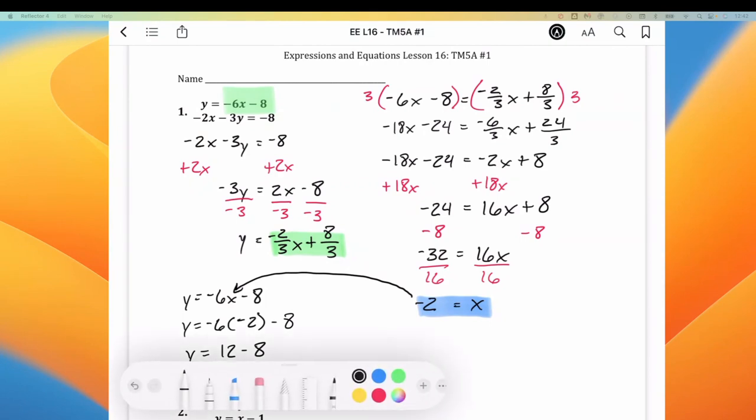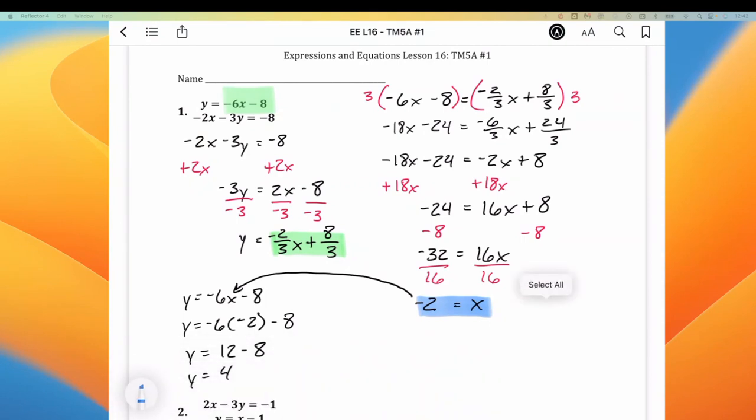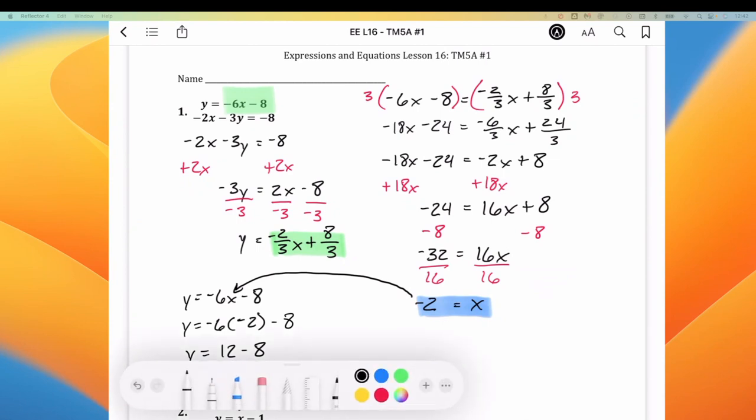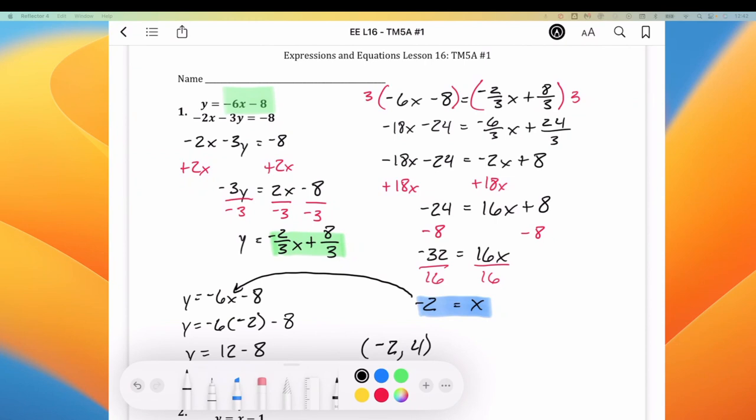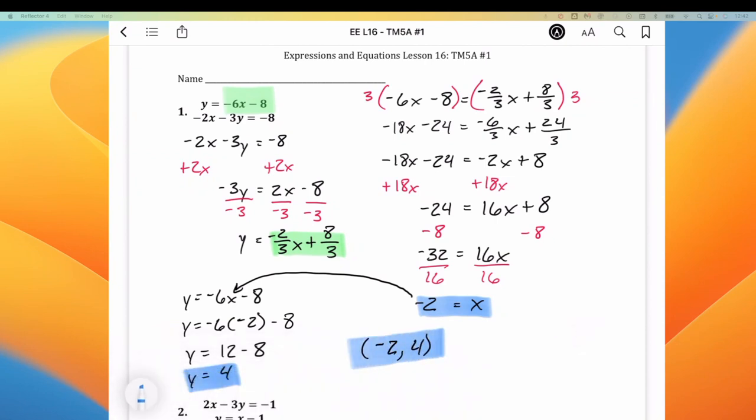And so that's the other half of our solution. And so we've got the ordered pair as an answer. x is negative 2, y is 4. And so that is the answer to this, the solution to the system: negative 2 for the x value, 4 for the y value.